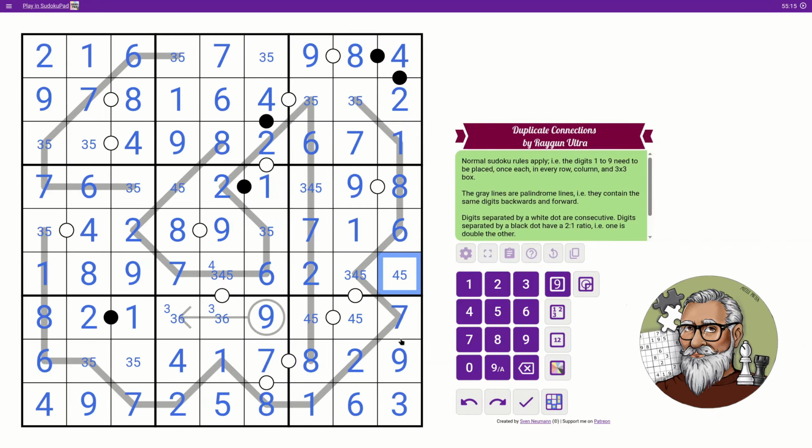Right. Okay, and then? And then, do I have all the 4s? Not really, no. I do. This is 5. 3, 4, comes 3 and 6. 3, 5, 3, 4.